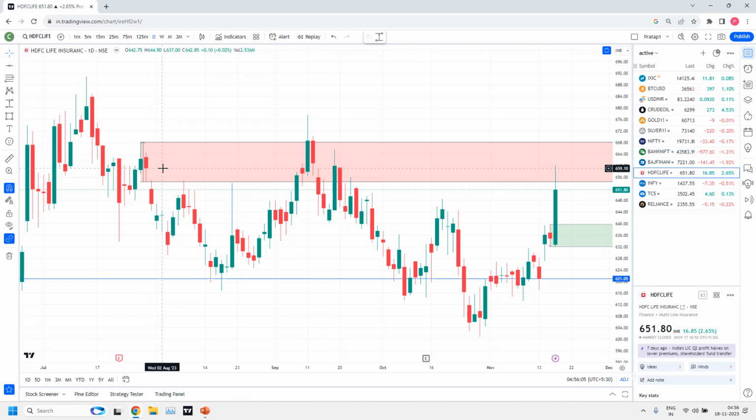But see the invisible body. From yesterday, this is the previous candle's close. From here, if you draw the invisible body, let me draw a horizontal line from where you can draw. From here, if you draw the invisible body, is it not looking like a big candle, an expanded range candle?